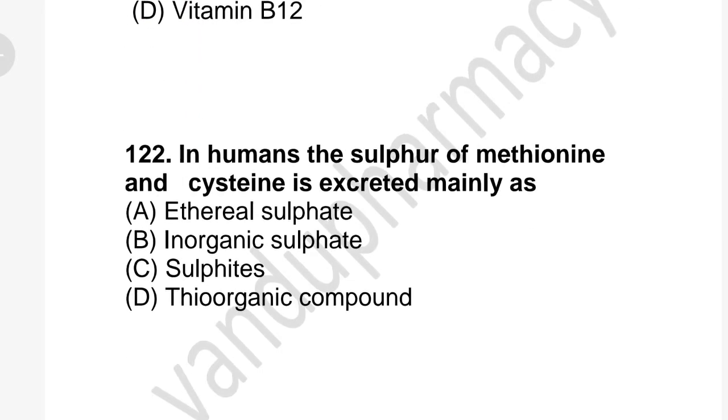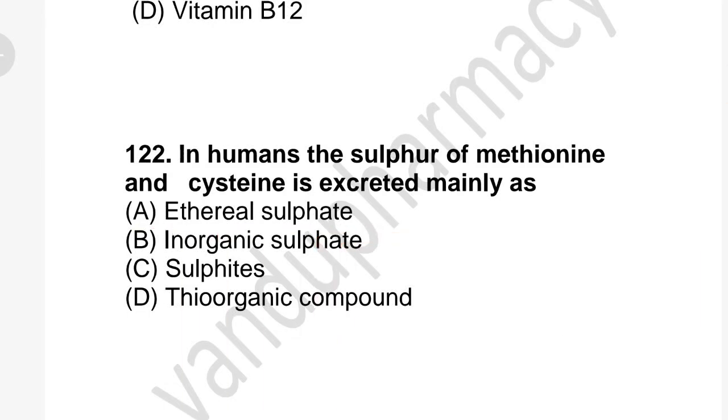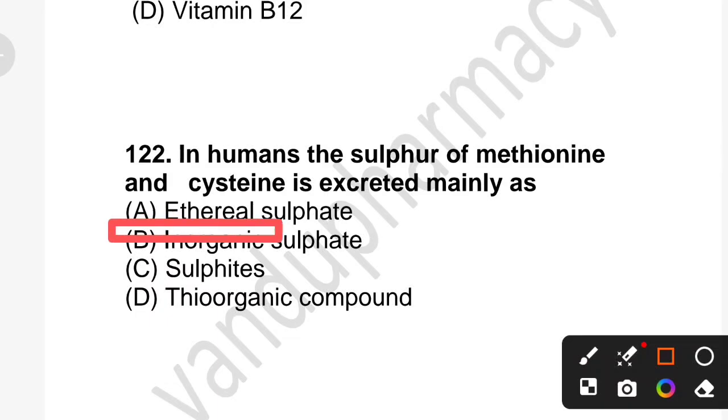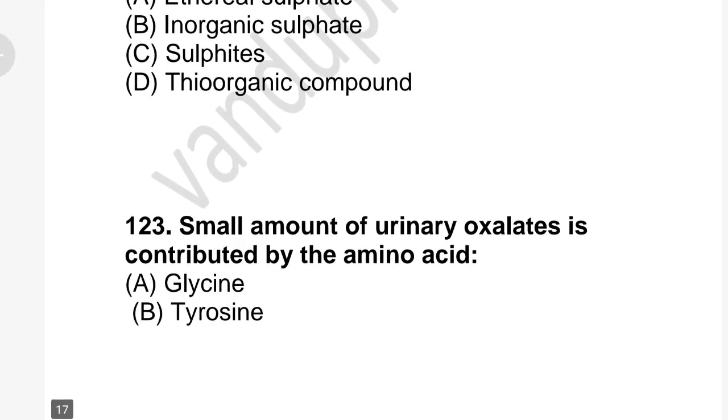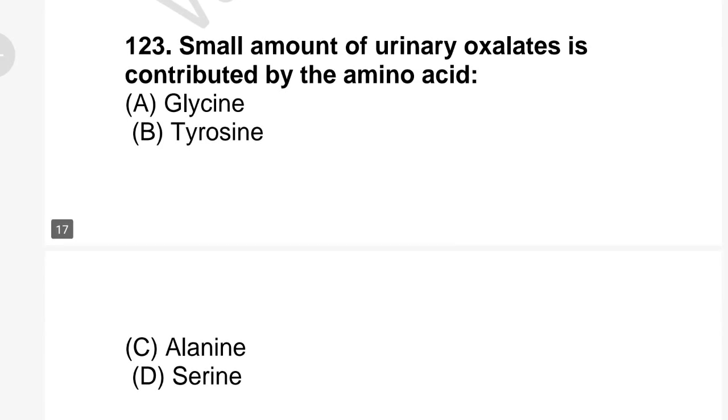In human, the sulfur of methionine and cysteine is excreted mainly as inorganic sulfate. Small amount of urinary oxalate is contributed by the amino acid option A glycine, option B tyrosine, option C alanine, option D serine.